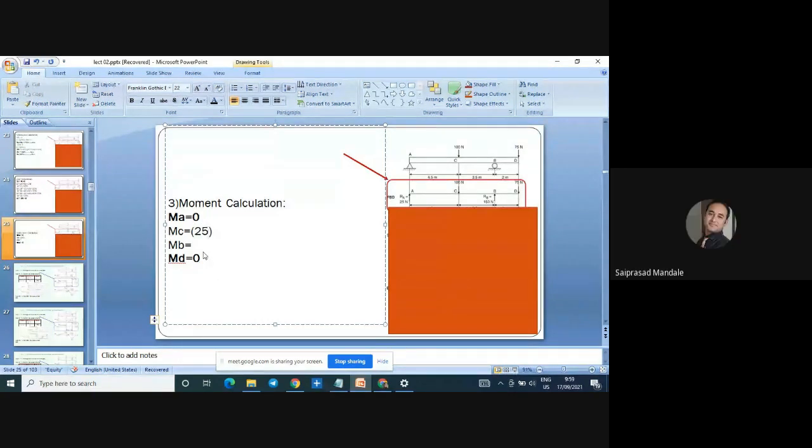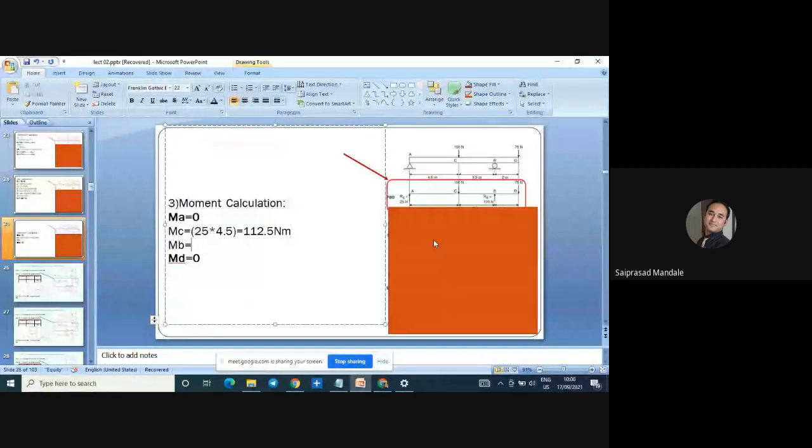Divya. Okay, 25 into 4.5. Perfectly correct. So 25 into 4.5, how much? I guess it is 112.5. 112.5, and the unit is Newton meter.